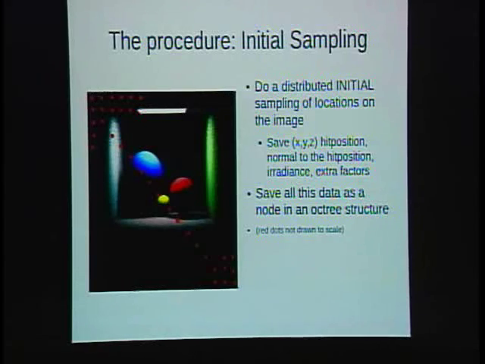And then we save the position that it hit, the normal to the position, and the irradiance, and extra factors like the gradient values and the harmonic means into an octree to be accessed later.